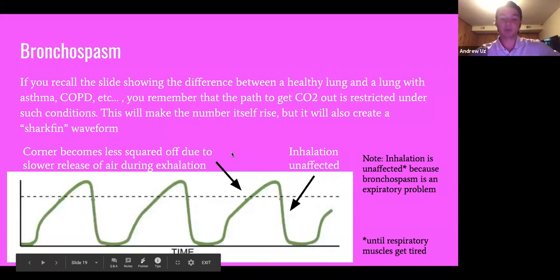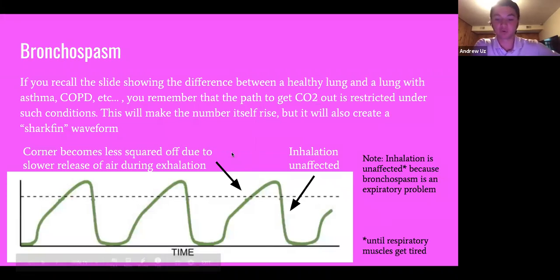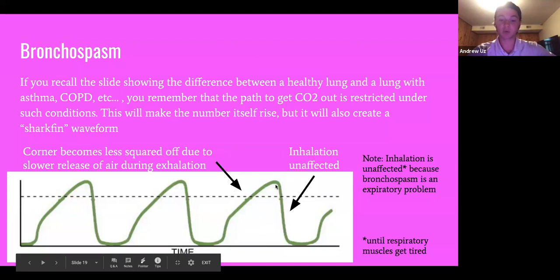This is the most common abnormal waveform that you'll see. It's called a shark fin morphology, or a shark fin waveform. And this is evidence of bronchospasm or any kind of reactive airway disorder like asthma or COPD. So what we're looking at here is that the corner on that square waveform has been rounded off or flattened.